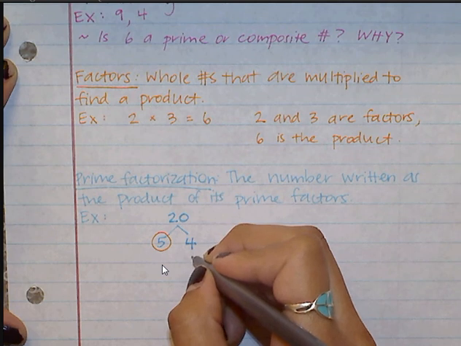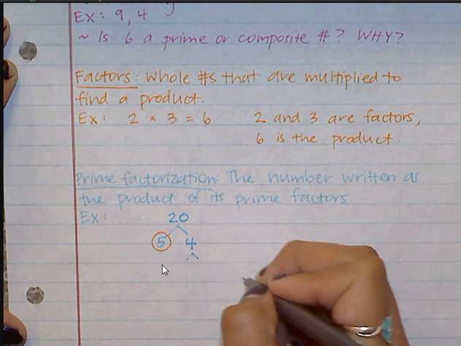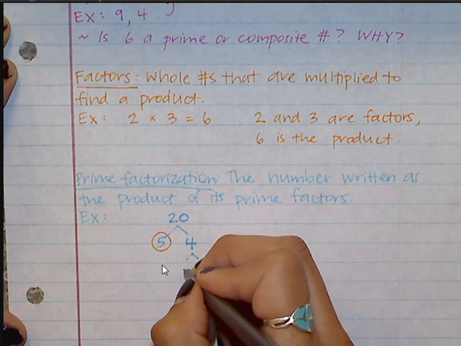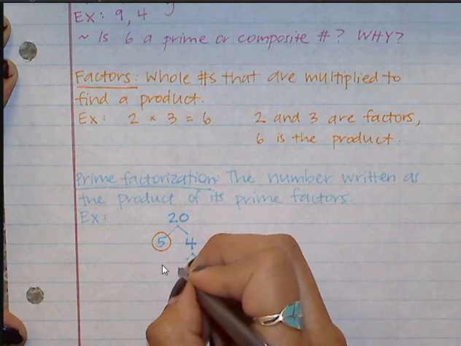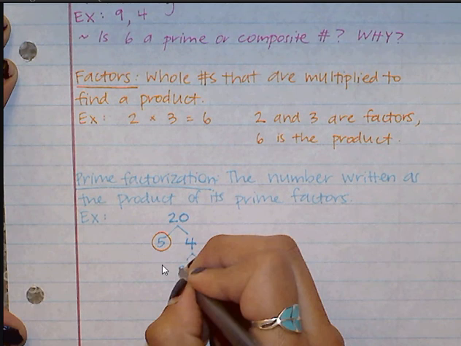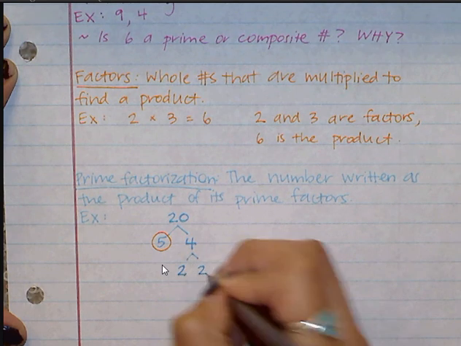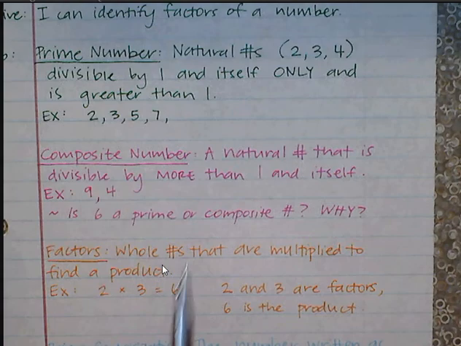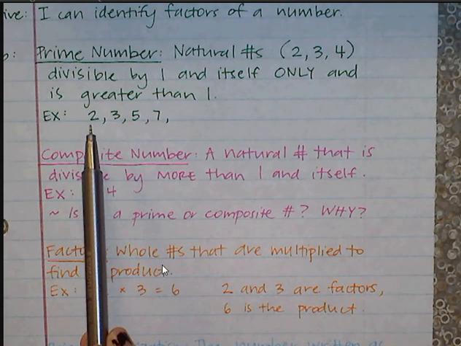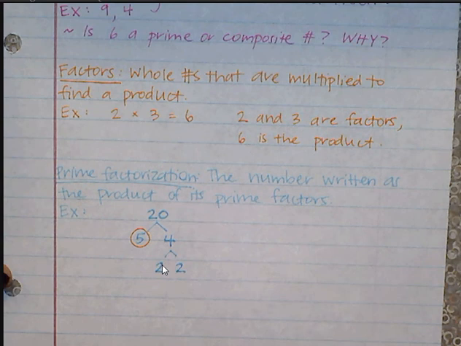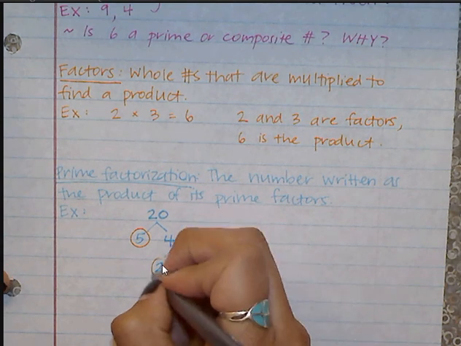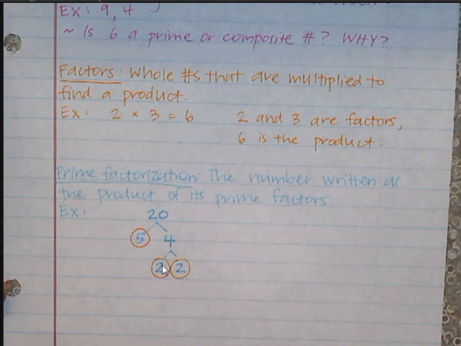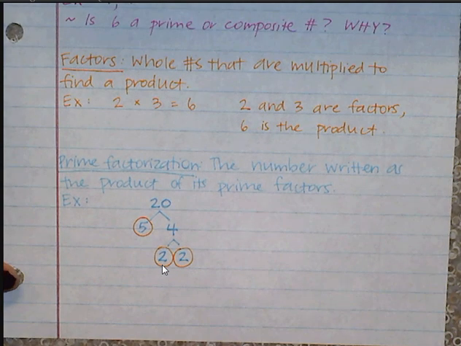What 2 numbers did we use to make 4? 2 and 2. And are those 2's prime? I believe so. Check it out. So we're going to circle those, and we're done. Let's write it out.